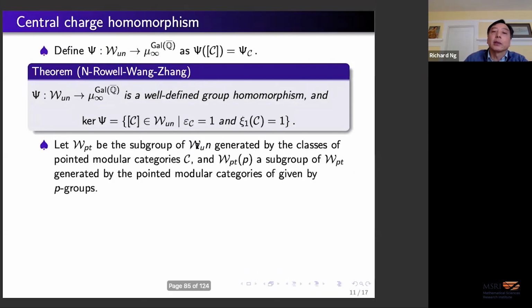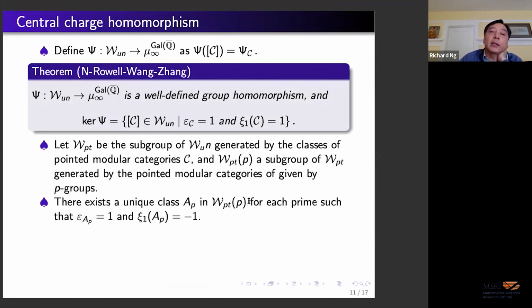The typo just says W sub UN. And I define W point sub P, which is a subgroup of W point generated by the pointed modular categories given by a P group. So basically, it's just the classical Witt group given by the P group.